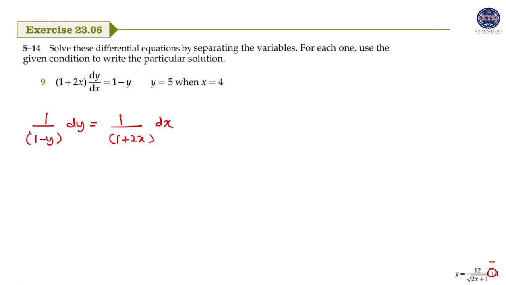It's going to be like this. Alright, so therefore integration symbol, 1 over 1 minus y dy, equal to integration of 1 over 1 plus 2x dx. Okay, solve for the integration for both sides.